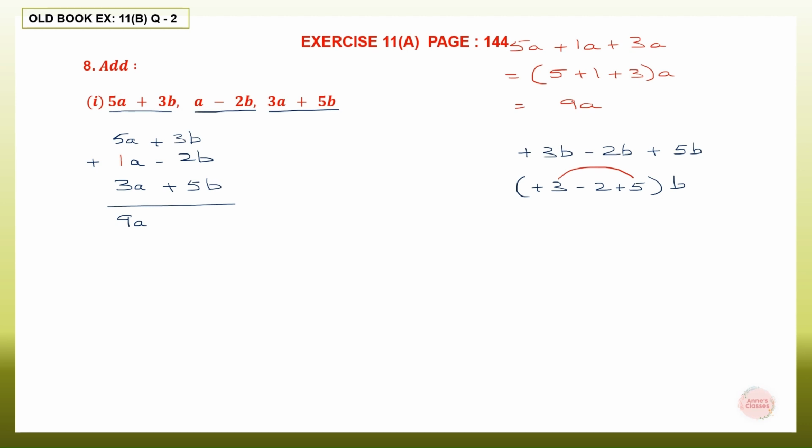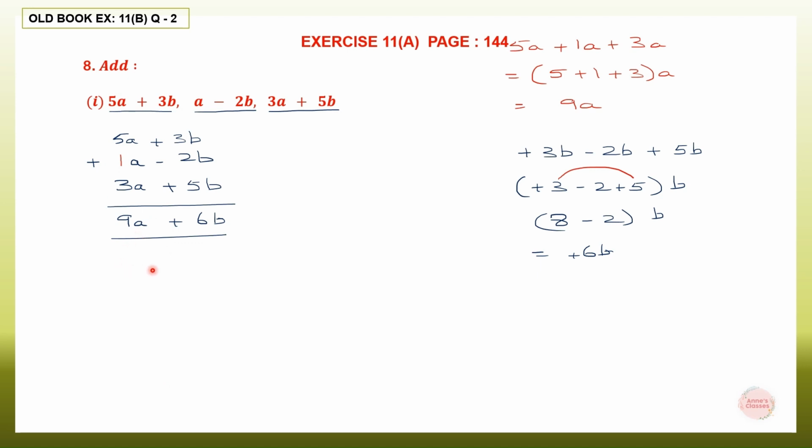So plus 3 plus 5, 3 plus 5 is 8, 8 minus 2, b. So 8 minus 2 is 6. So this becomes 6b. So the sign is plus. So here it is plus 6b. So the answer is 9a plus 6b. So this is how we do the column method.